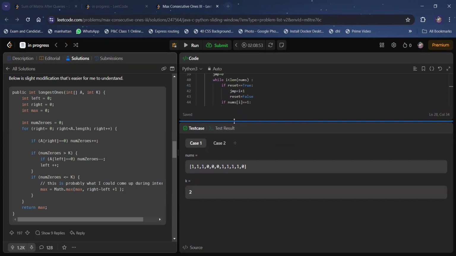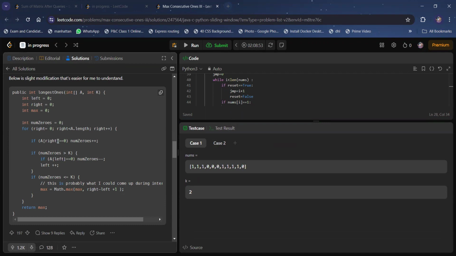So basically what they are doing is they are starting from left. Left and right are pointed to zero. Max is, for the beginning, zero. Simply I'm incrementing right, right is increasing from zero and it will go up till the length of the array.